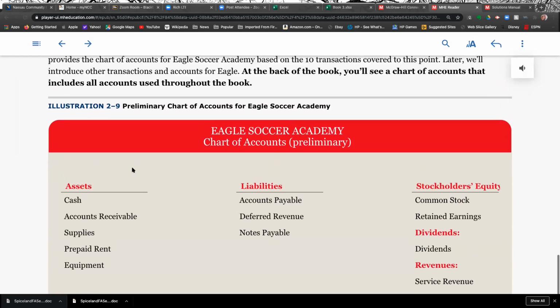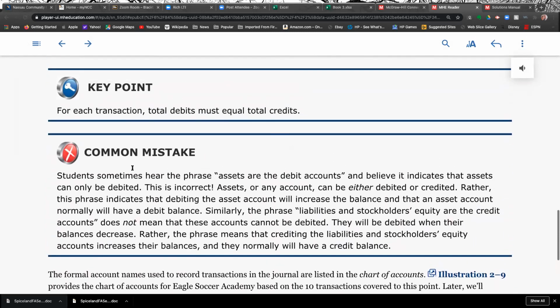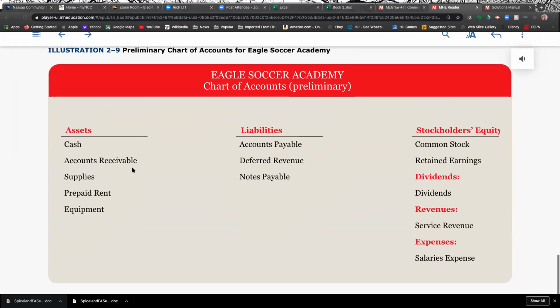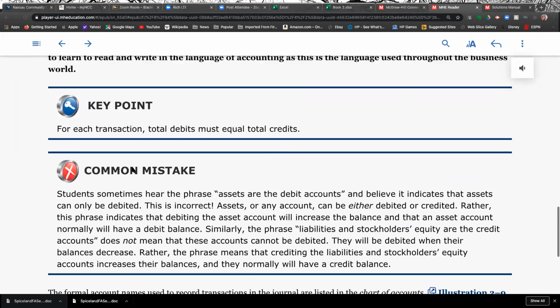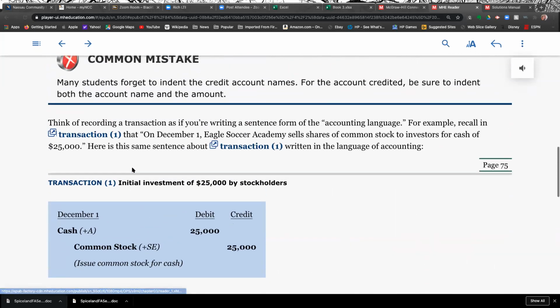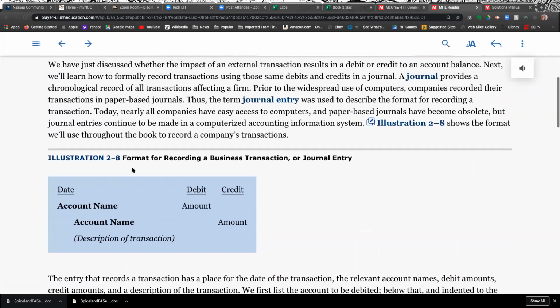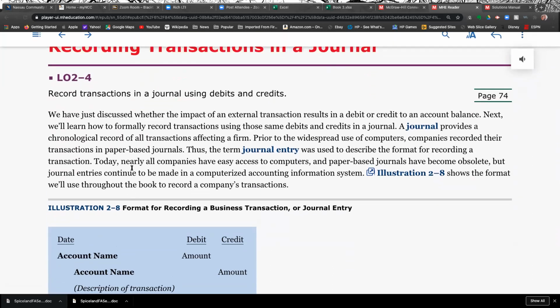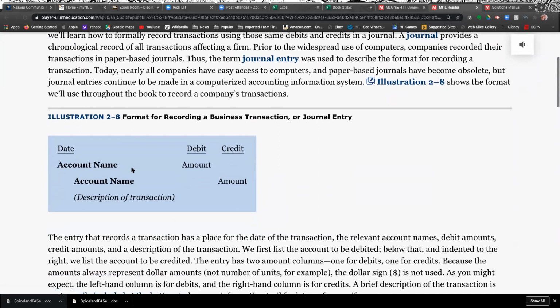The nice thing about the journal is that it shows you the entire transaction together in one place. So first we would record the transactions in a journal, and then we would put the numbers in the account. Here's an example of what an entry in the journal looks like.